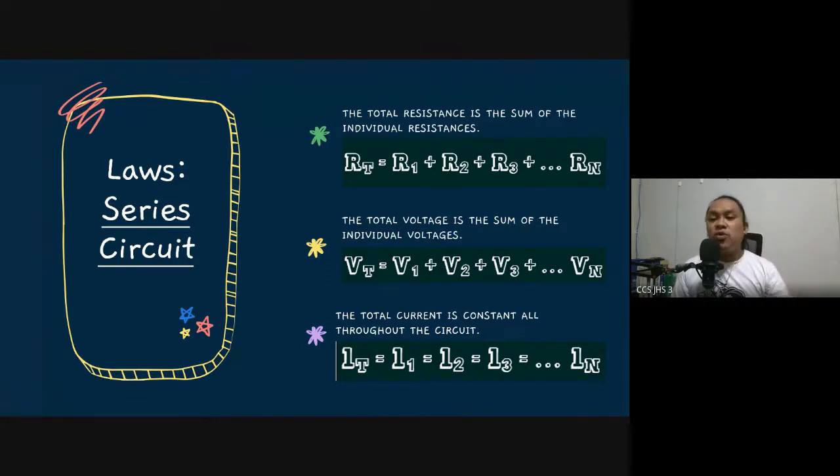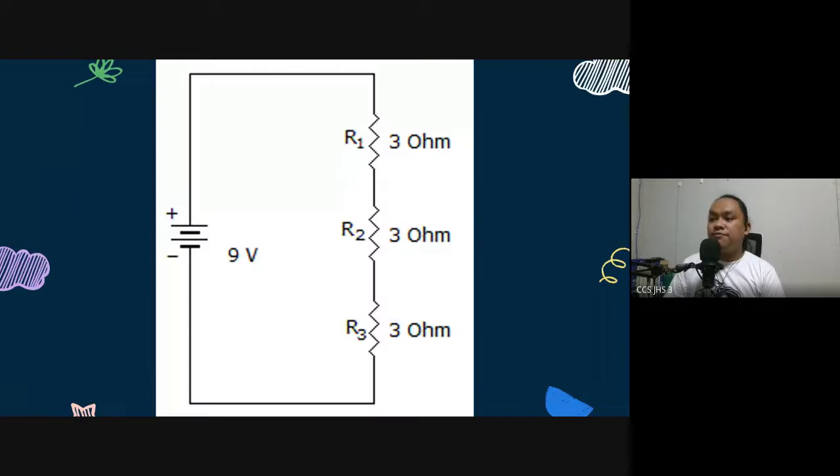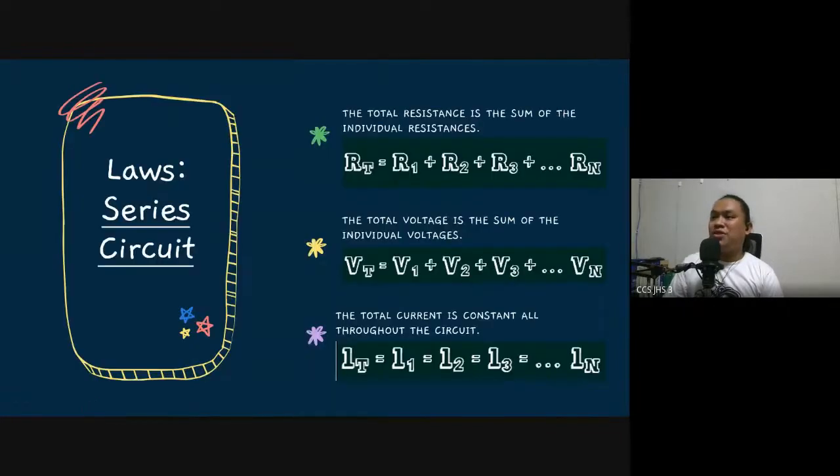So aside from those formulas, we will also use these for series circuits. First, to get the value of our total resistance: the reason why we have a total resistance is that in a series circuit, there can be more than one load.